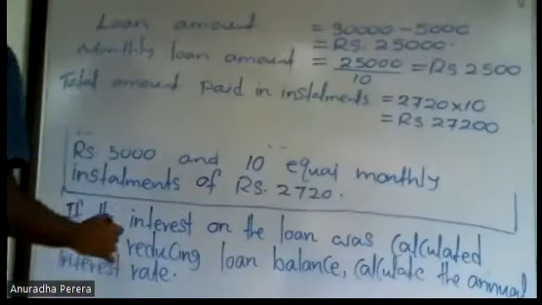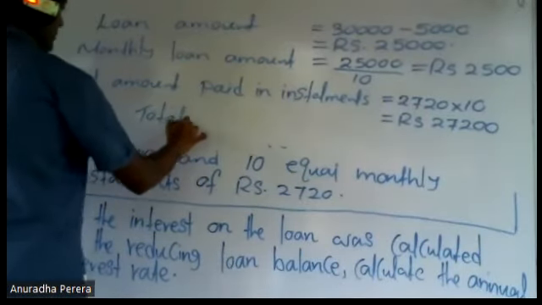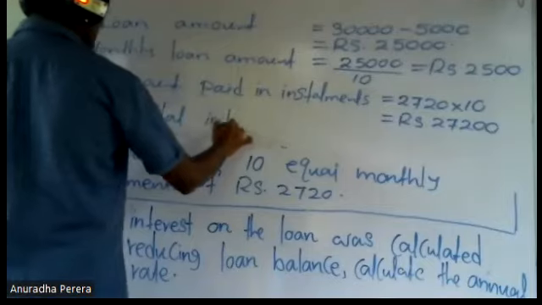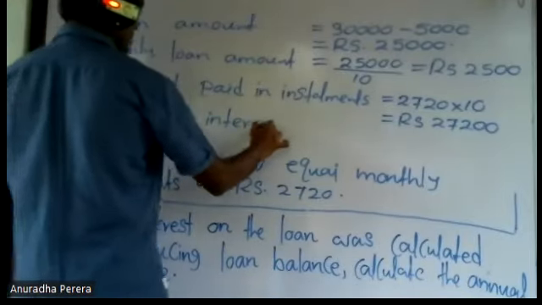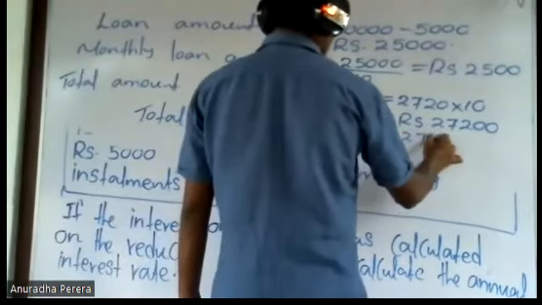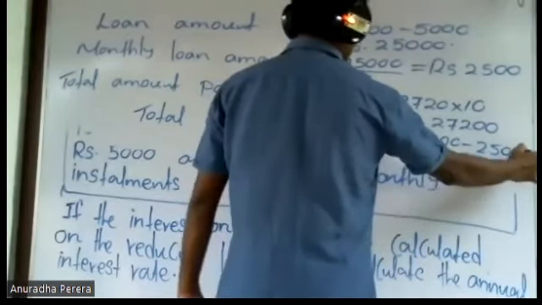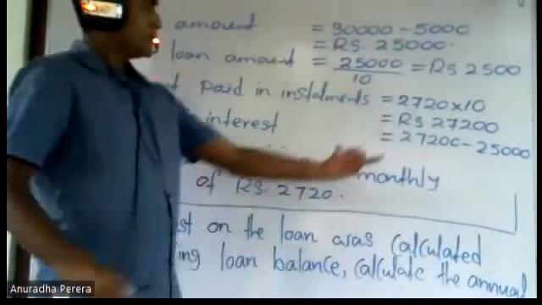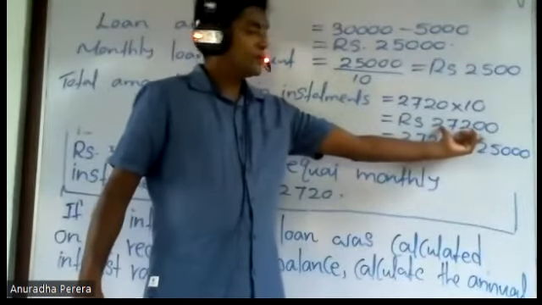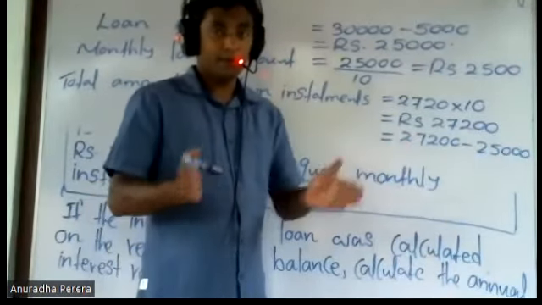Then total interest. Subtract 25,000 from this one. This 27,200 means the total amount paid in installments.